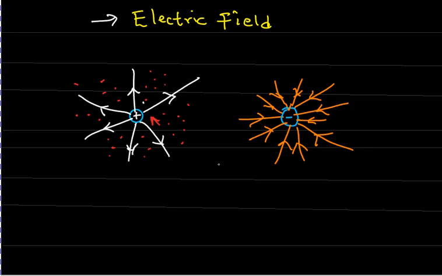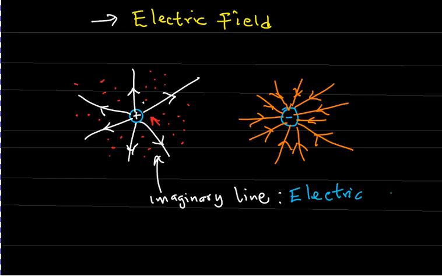This line you see here is an imaginary line that is used to indicate the direction of the electric force acting in this region. And this imaginary line is what we refer to as electric line of force. So this imaginary line that is used to indicate the direction of electric force is what is known as the electric line of force.